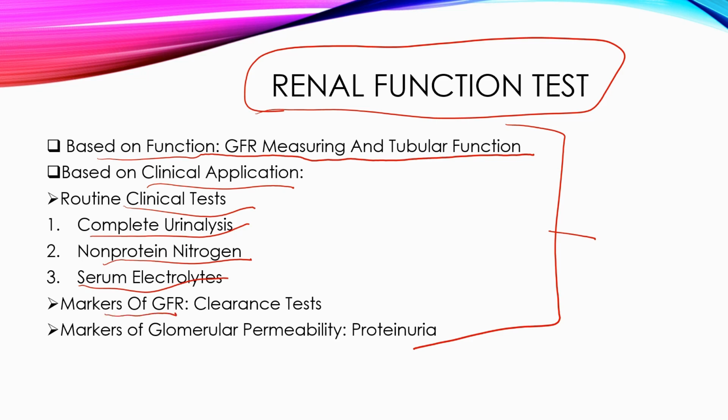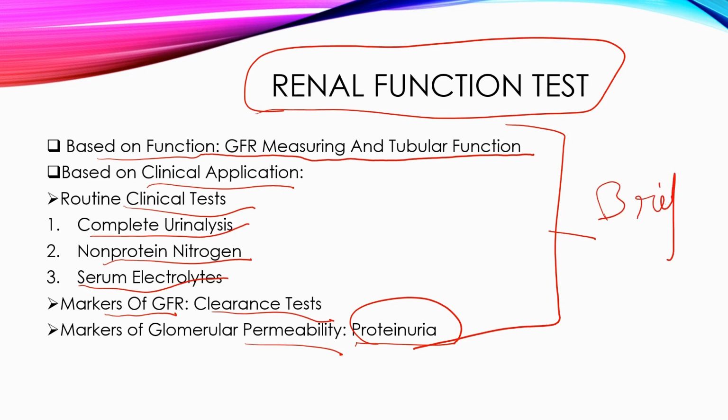Then the markers of GFR, the clearance tests, and for proteinuria, we test the markers of glomerular permeability. These all come under the renal function test. You just have to define them in brief form for the short notes.